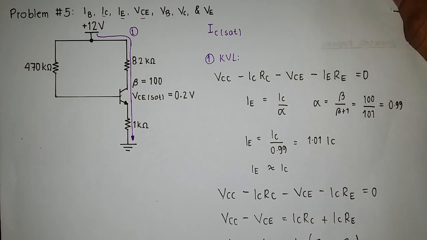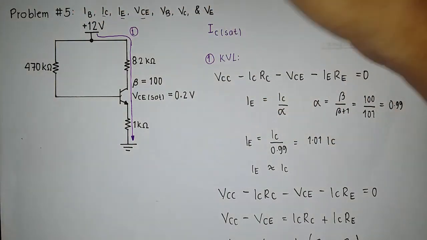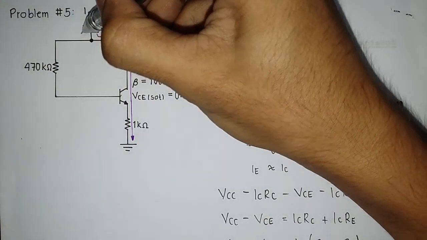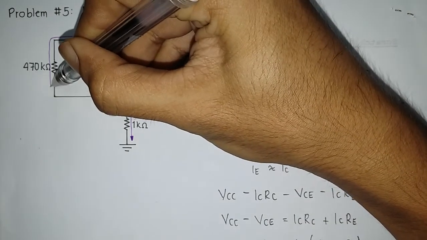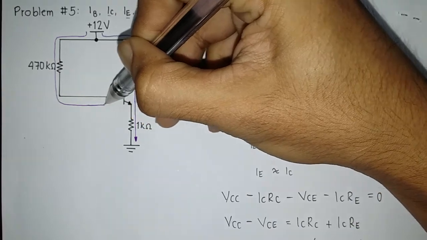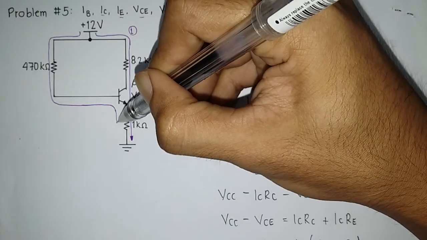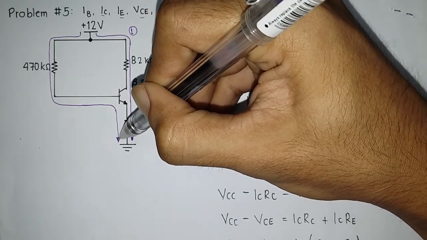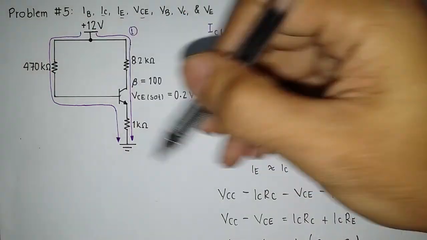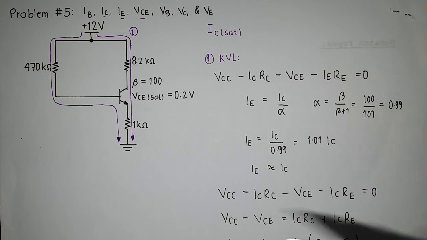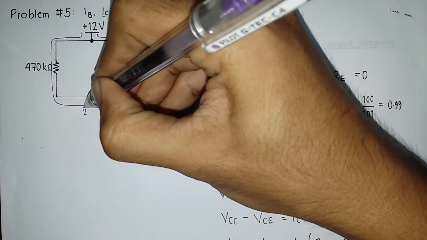Now, to get IB, maglo-loop naman tayo dito sa left side. Dadaanan natin yung VCC, minus yung voltage drop ng base resistor, minus the voltage drop of base to emitter junction, minus the voltage drop of the emitter resistor. So makuha natin ang loop na yan, at tawagin natin siyang loop number 2.